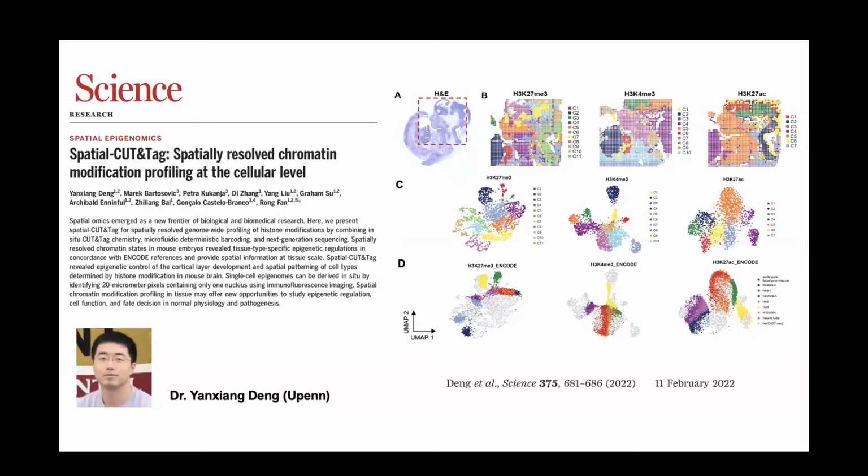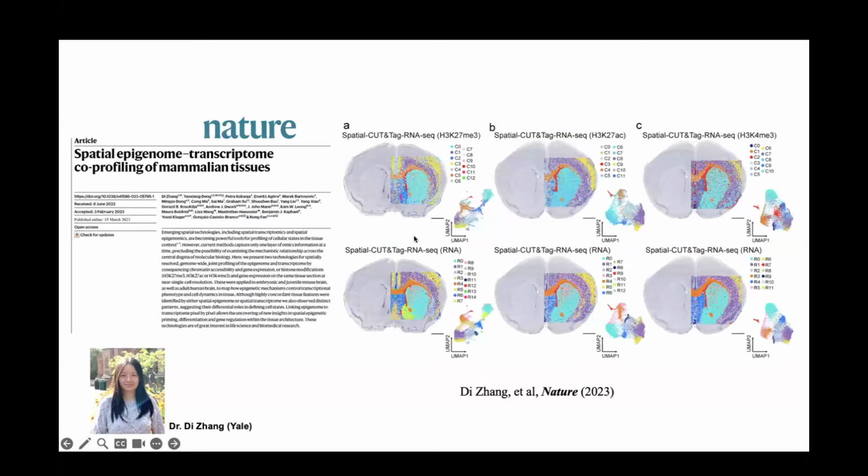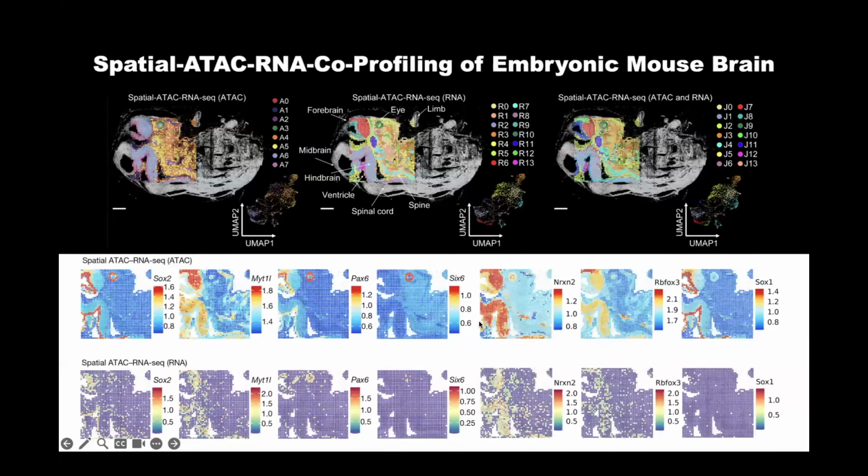And you can further combine both the whole transcriptome and the whole epigenome, pixel by pixel, mapping over a very large tissue area, as demonstrated in this case for 3 different histone modifications and a whole transcriptome. You may ask, what's the added value once you have both?